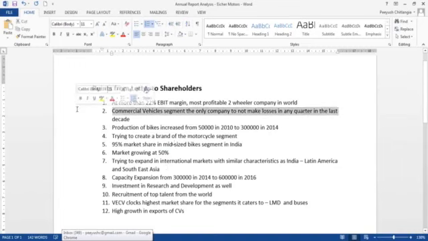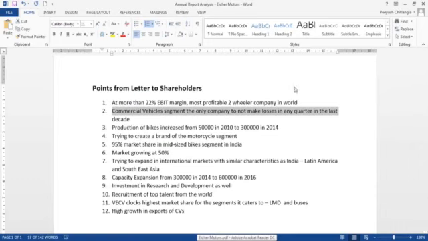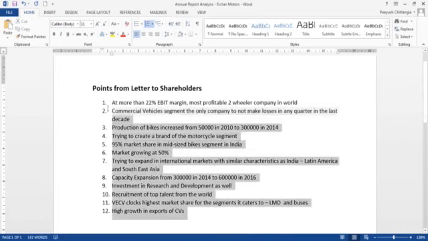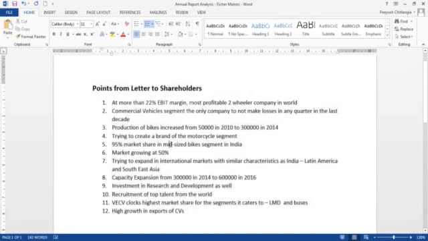But from this letter to shareholders, we have been able to find out all these relevant information for us when we are trying to analyze a company and its data points. It's an important yardstick for us to gauge sometimes what developments a company is going through, what are they trying to expand in.